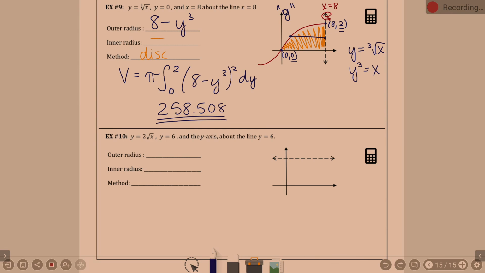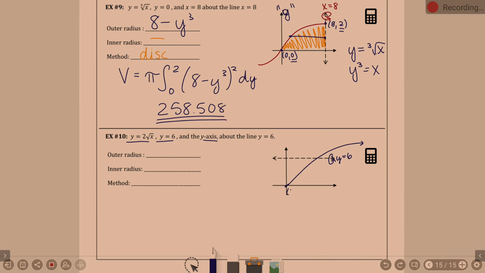And number 10, are you guys noticing a trend here? Y equals 6 is this line here, and it says we rotate about it. It's also one of my boundaries, yes? So y equals 6, the y-axis, y equals 2 square root of x. This is going to be at 0, 0.